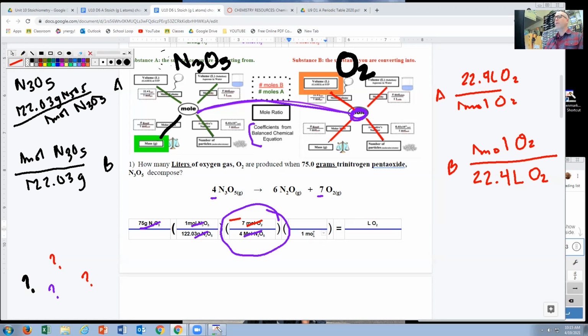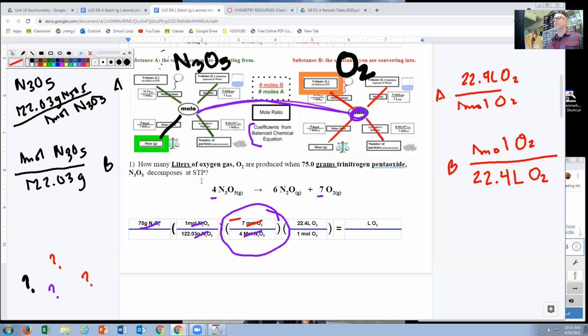So for every 1 mole of oxygen, we're going to have 22.4 liters of oxygen at STP. Oh, and it should say, and I will change that in, when it decomposes at STP, okay?